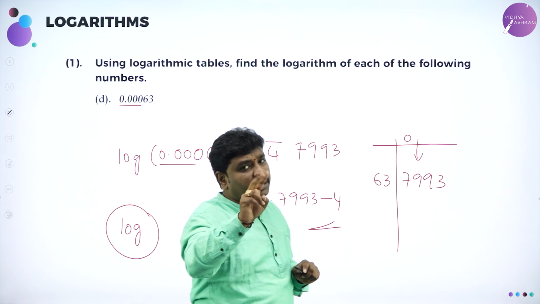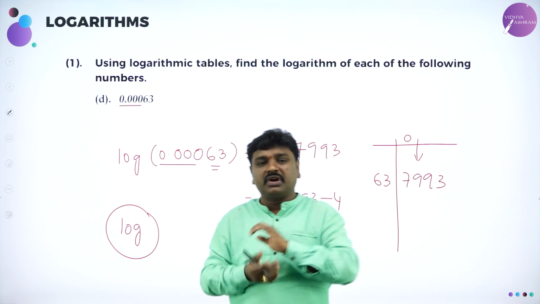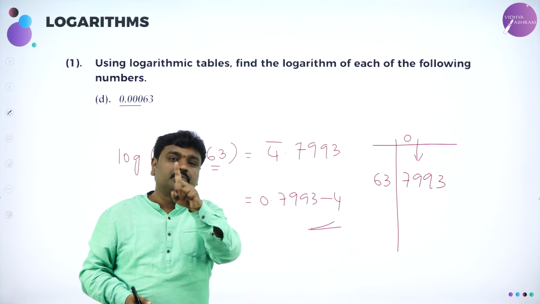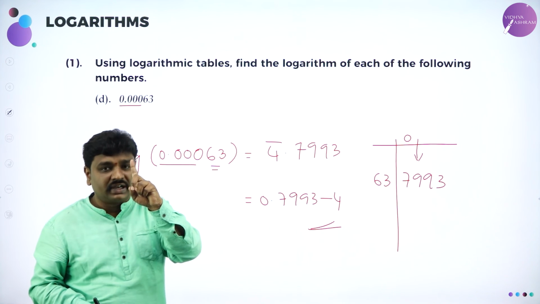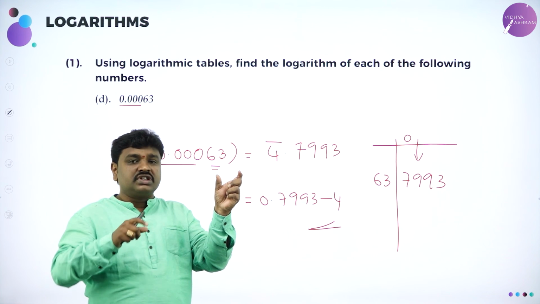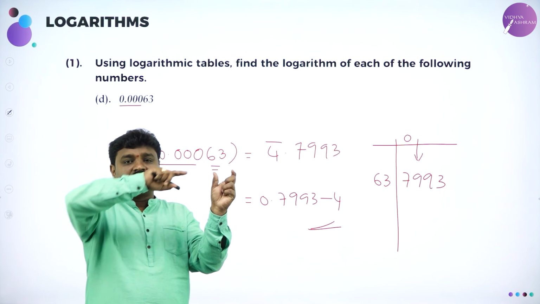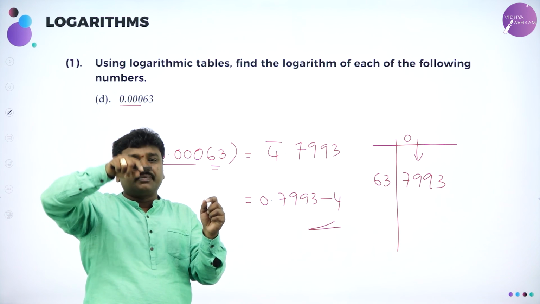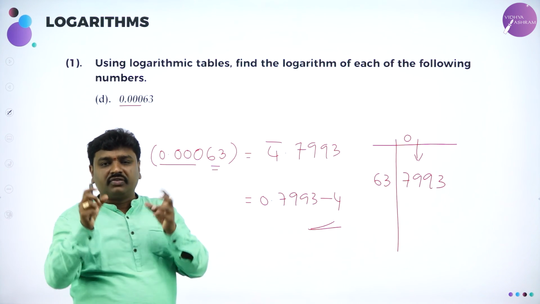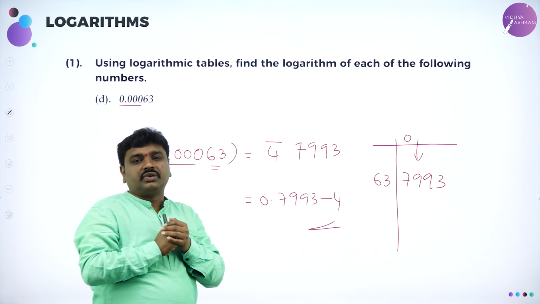Any number will have 2 parts: one is the integral part, the other is the decimal part. Take the integral part and see how many digits are there. Number of digits minus 1 gives you the characteristic. Then club the first 2 digits. Under the third digit, you see the logbook. Then under the fourth digit, you see the mean difference. You will get the value.